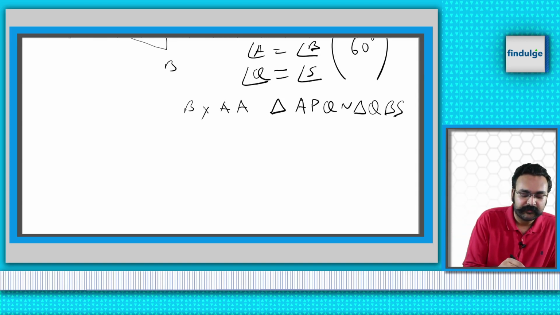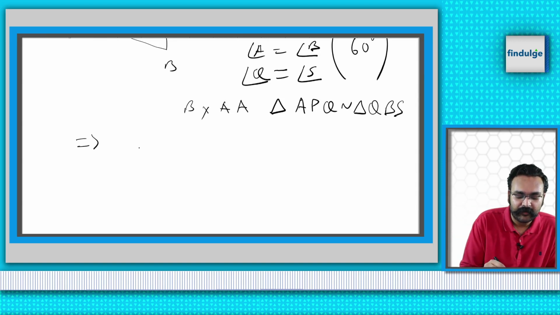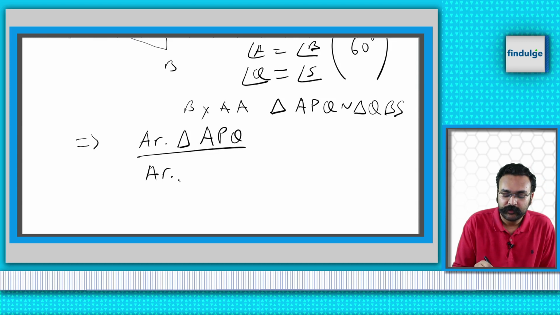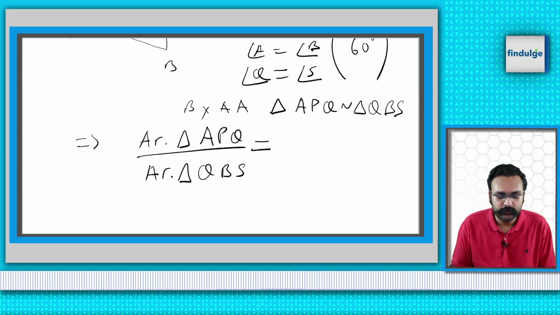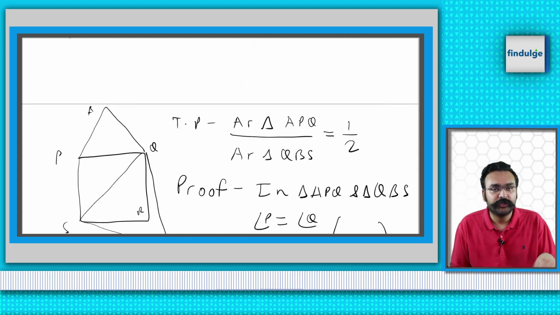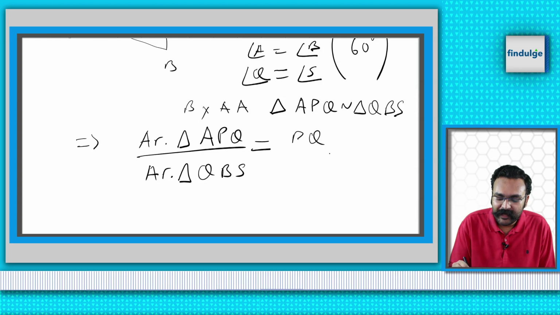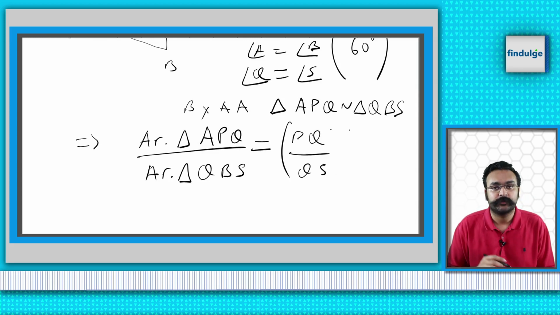Now that means that the area of triangle APQ upon the area of triangle QBS will be equal to, I'm going to use PQ and QS, because it's an equilateral triangle, I can take whatever I want, PQ upon QS whole square.